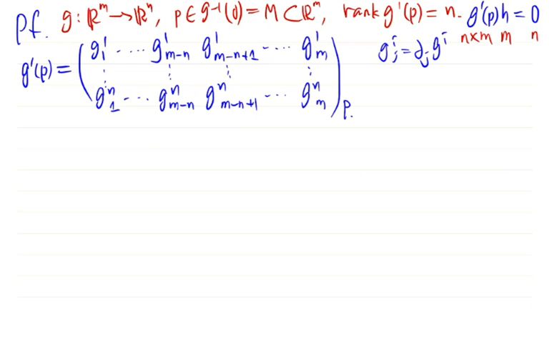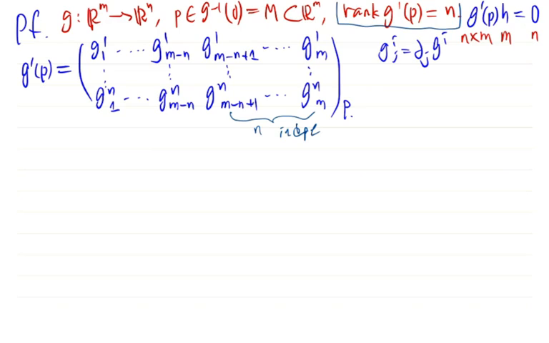So since we assume that this matrix has rank n, therefore we may assume that the last n columns are linearly independent.